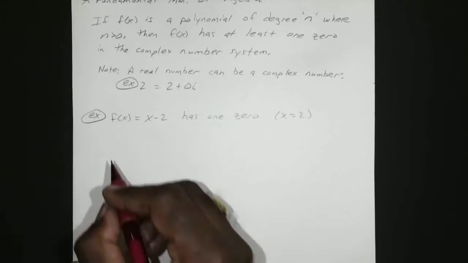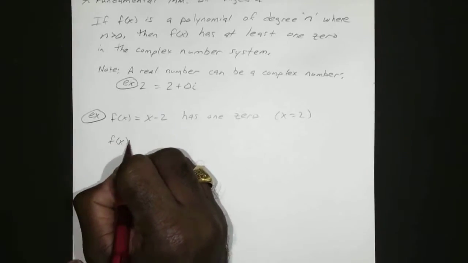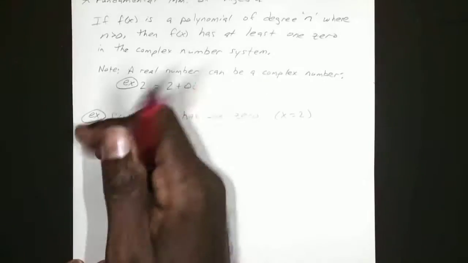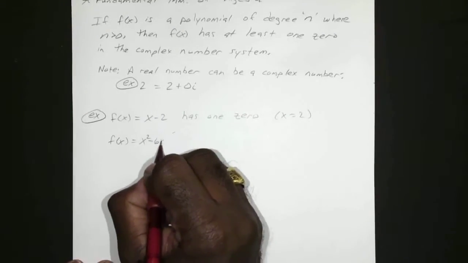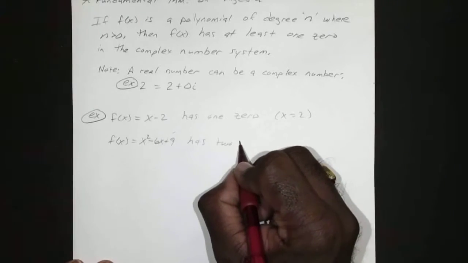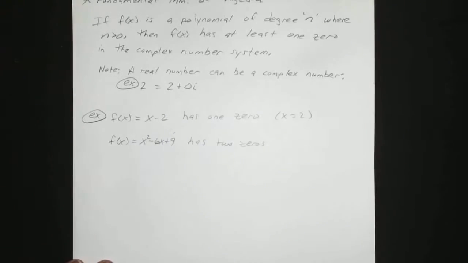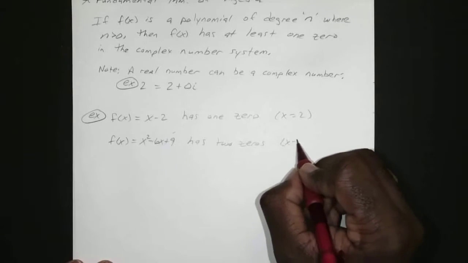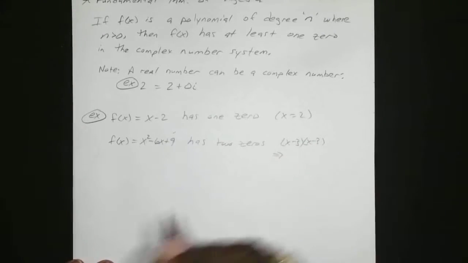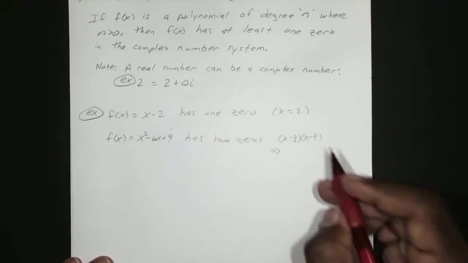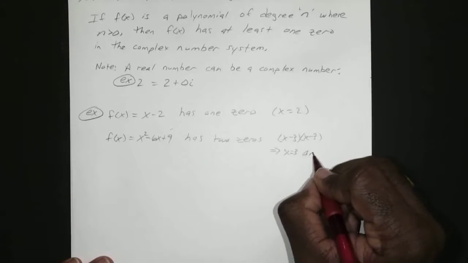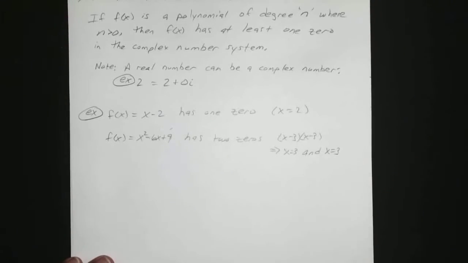What about f of x equals x squared minus 6x plus 9? It has two zeros. Remember, that's x minus 3 times x minus 3. So they're repeating zeros, but you still have 2: x equals 3 and x equals 3.